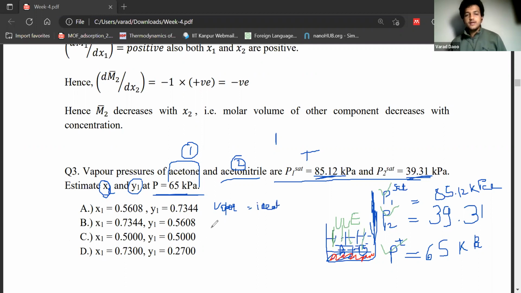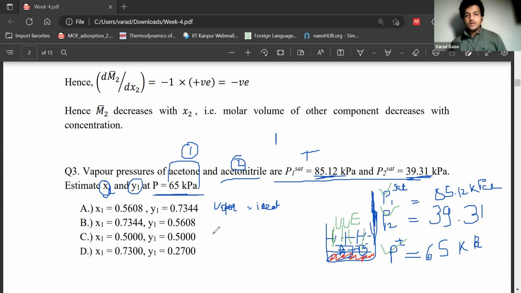And the liquid is also ideal, or the solution is also ideal. So this is a very straightforward question.